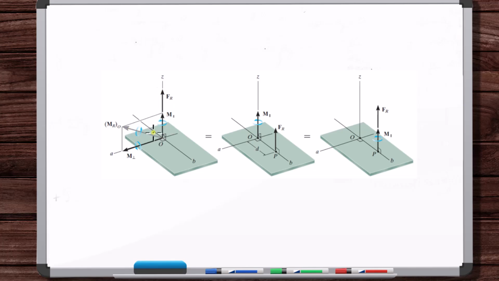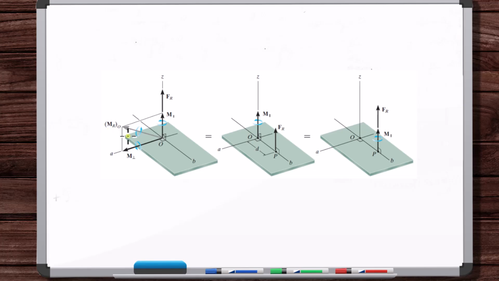We're going to be moving the force off of the origin perpendicular to that plane. So how can we find that direction? Well, we can cross FR or M parallel or whatever, or the unit vector, with M perpendicular or the main couple moment. Let's just cross FR with the main couple moment and then turn that into a unit vector.